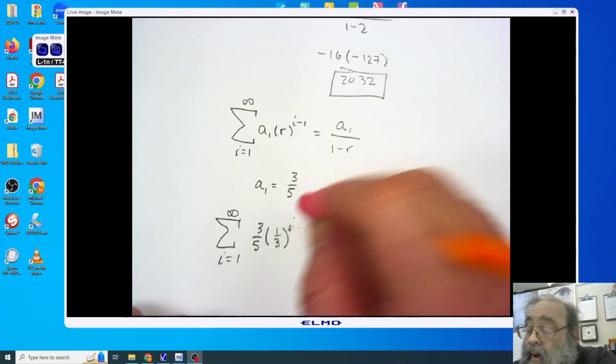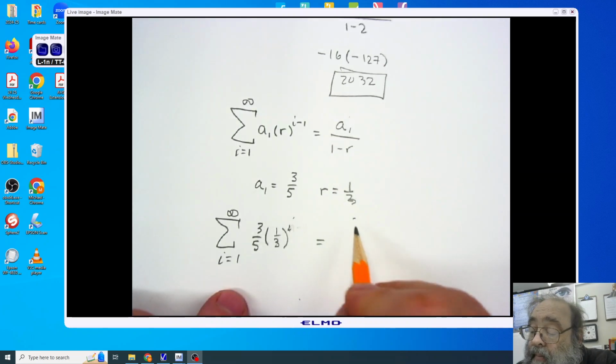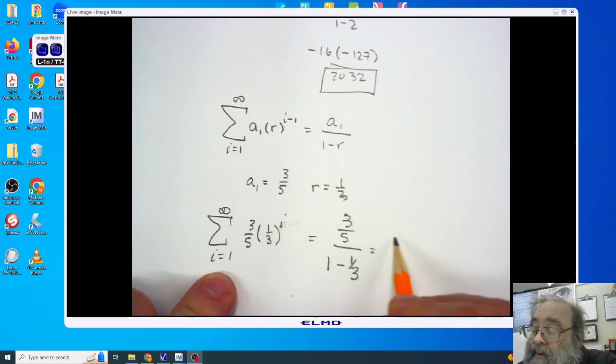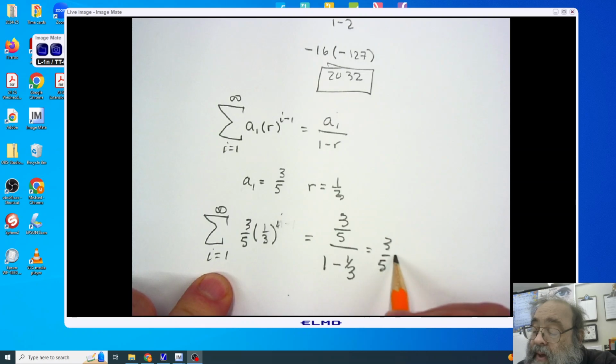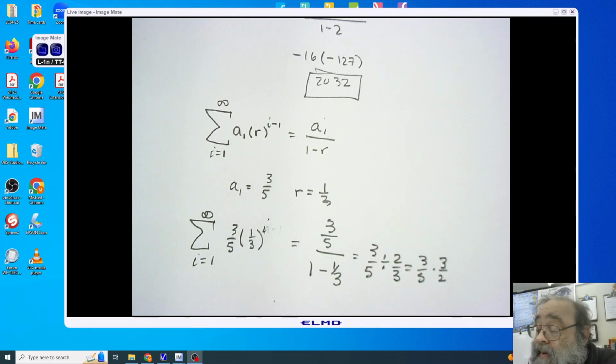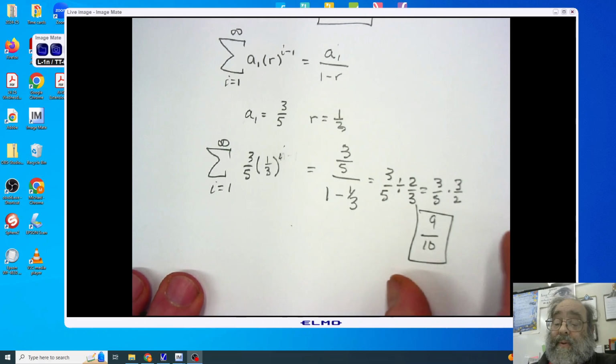There we go. So I have my first term, 3/5 divided by 1 minus 1/3. This is going to give me 3/5 divided by 2/3, and that's 3/5 times 3/2. And this is going to give me 9/10. So my infinite sum would be 9/10.